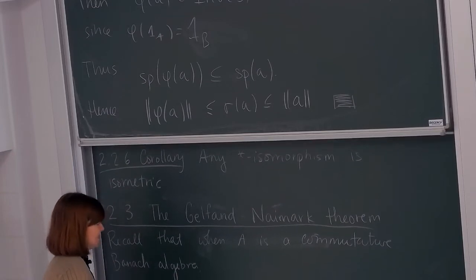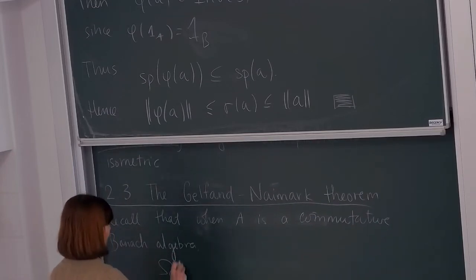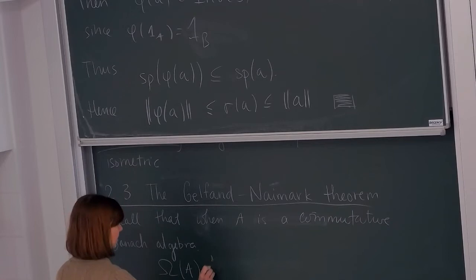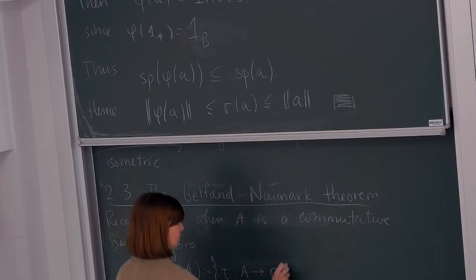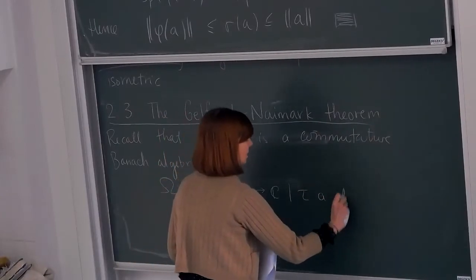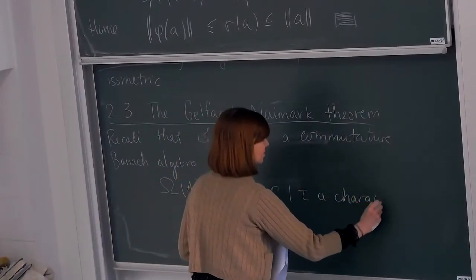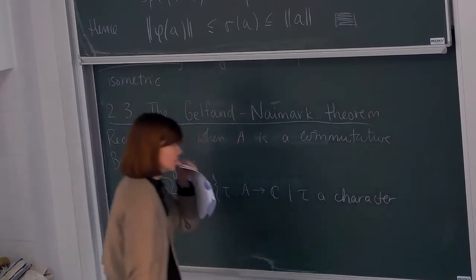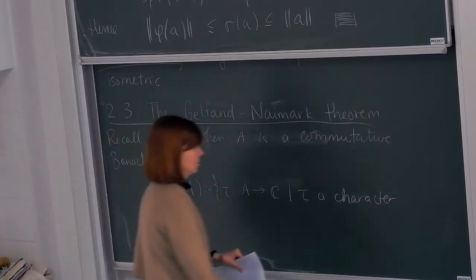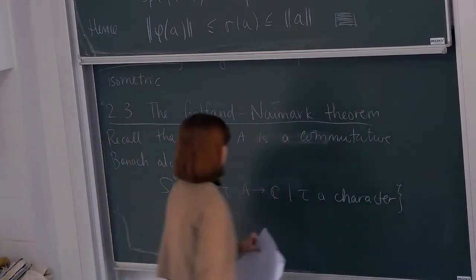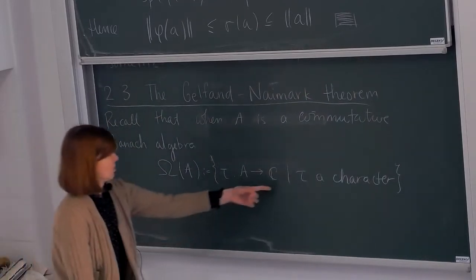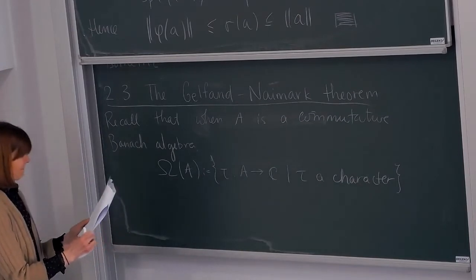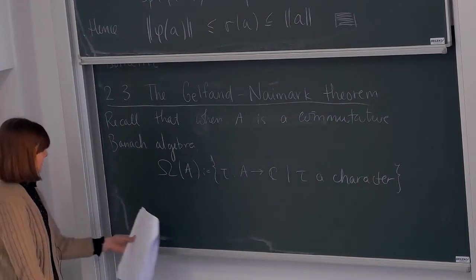The character space was denoted by omega A. And characters were just algebra homomorphisms from the algebra into the complex numbers.